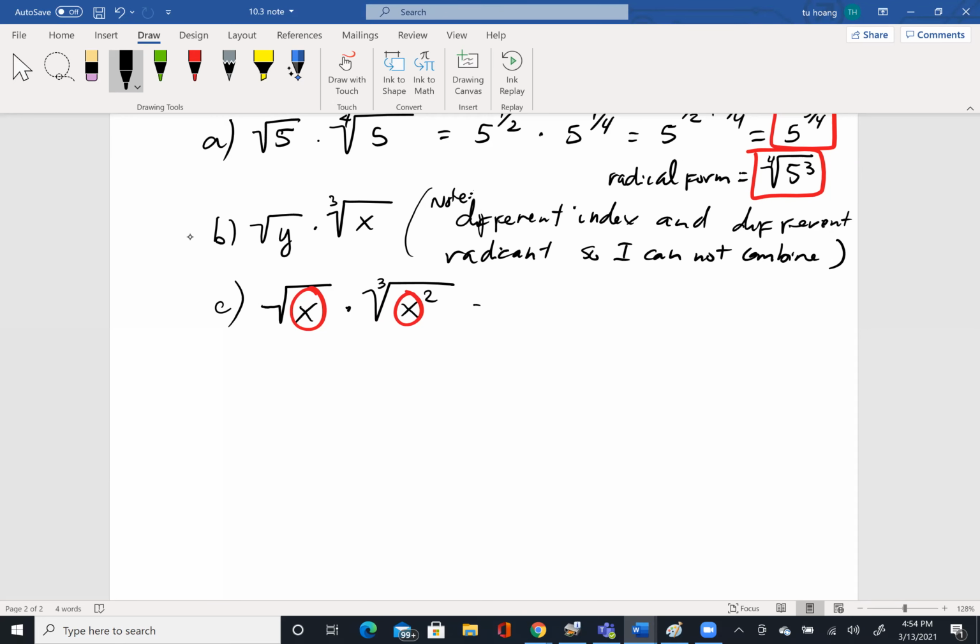So you can convert it to power form as x to the power 1/2 multiplied by x to the power 2/3, and then combine it.